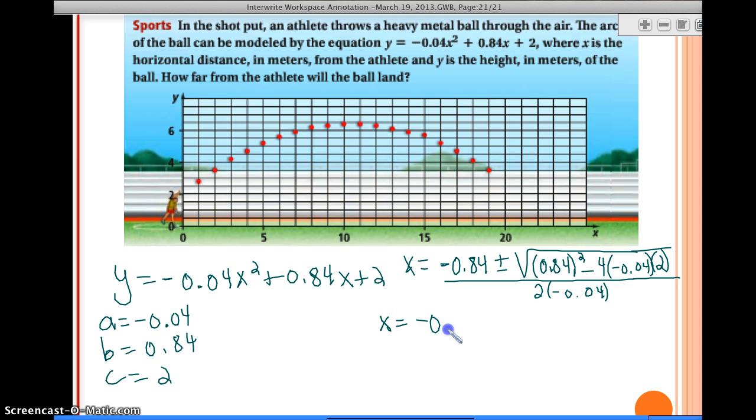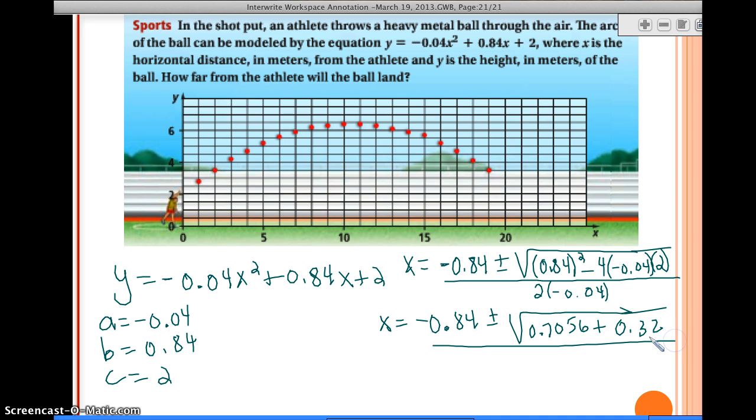So we have negative 0.84 plus or minus the square root. 0.84 squared comes out to 0.7056. Negative times a negative is going to go to a positive, and now we've got to do 4 times 0.04 times 2. That's 0.32, all divided by 2 times negative 0.04, that's a negative 0.08.